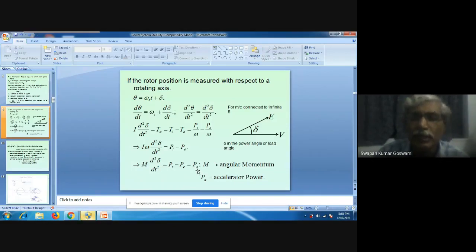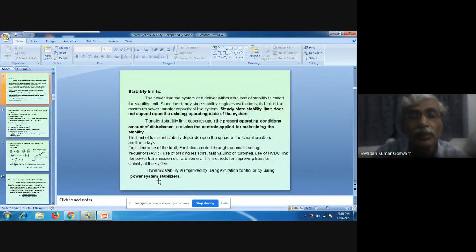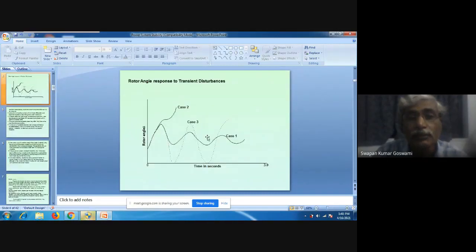Then what is the impact of this Pa on the speed and angular position of the rotor? To know that, you have to solve this expression. There is no other alternative. When you solve this, you will have either this type of solution, or this, or this.